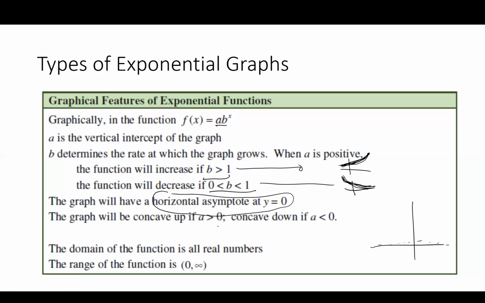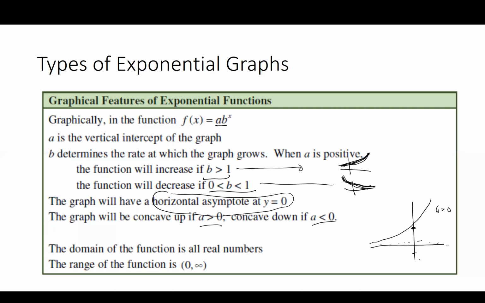And the graph will be concave up if a is greater than 0, and concave down if a is less than 0. All that means is if my starting point is here, and that's growth, if a is greater than 0, it's above the x-axis.